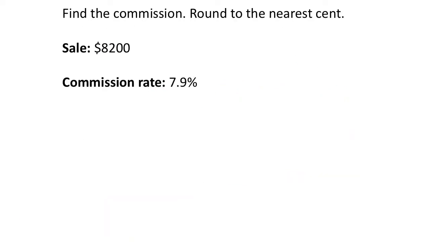Now commissions are going to work the same exact way as taxes, and this one is not asking for the final sell price of whatever this is. It's just asking for the commission straight up. So in this case, we need only the tax part of the percent proportion.